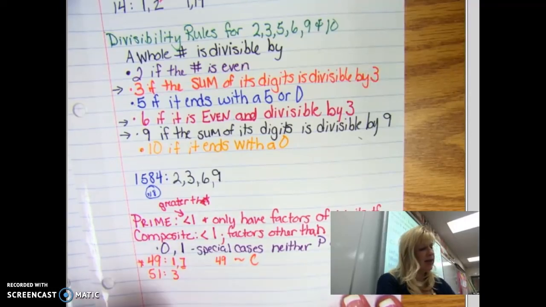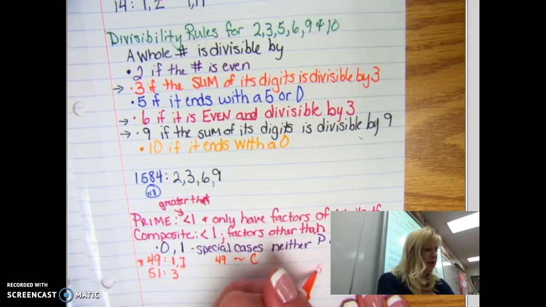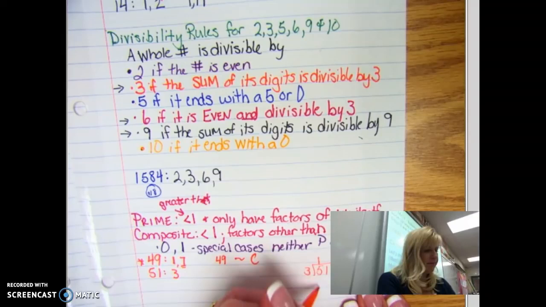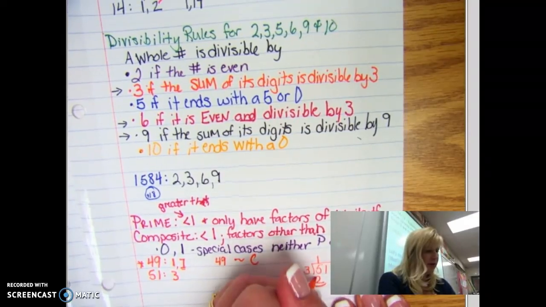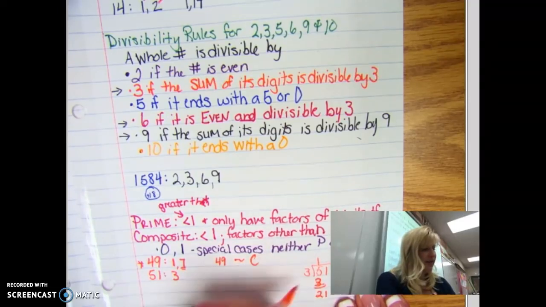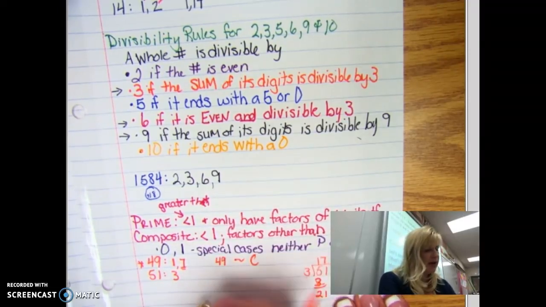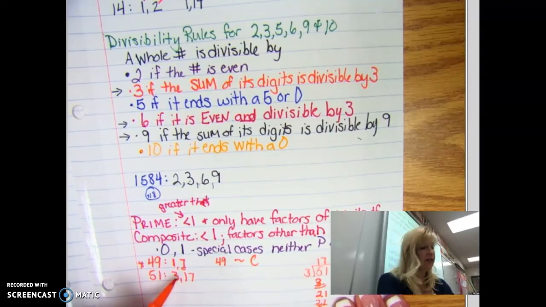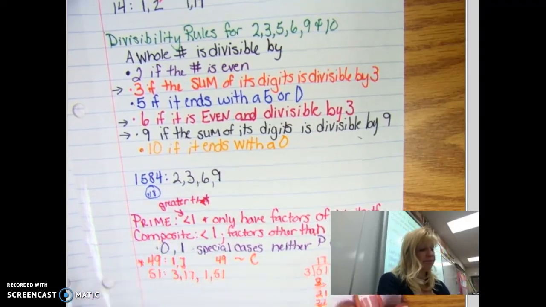So we need to see 3 times what is 51. So I'm going to take 51 over here and divide it by 3. And I am going to get, sorry, 3 goes into 21, 7. I see why I didn't catch that one. It's 3 and 17. So it has the factors of 3 and 17 in addition to 1 and 51.